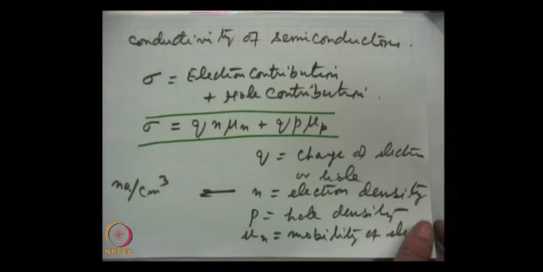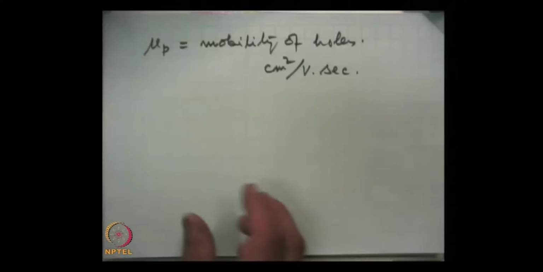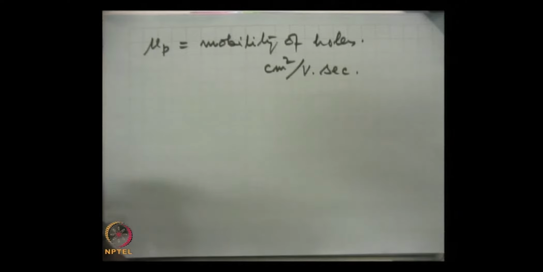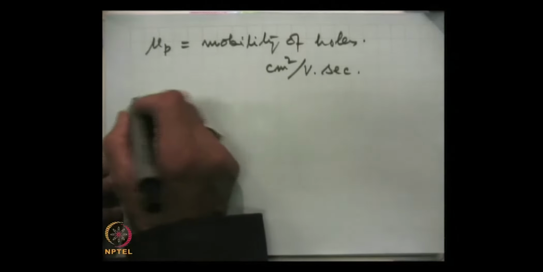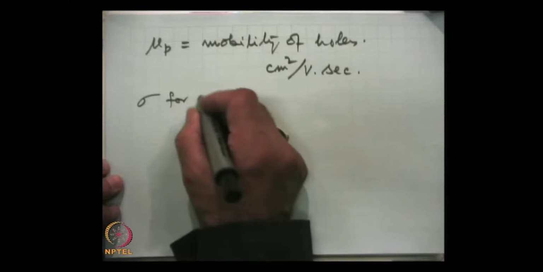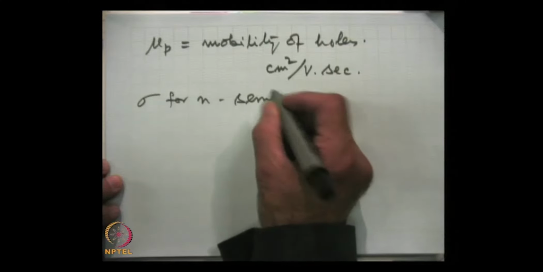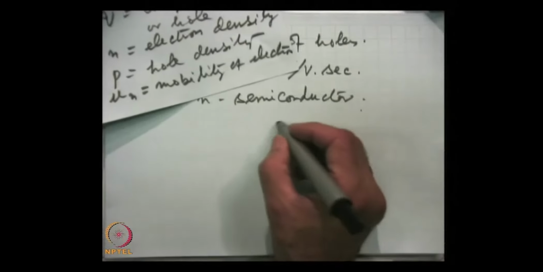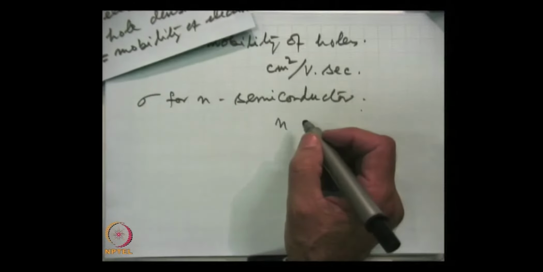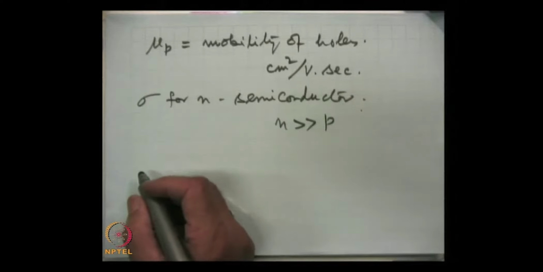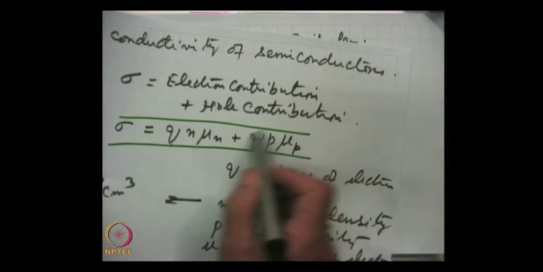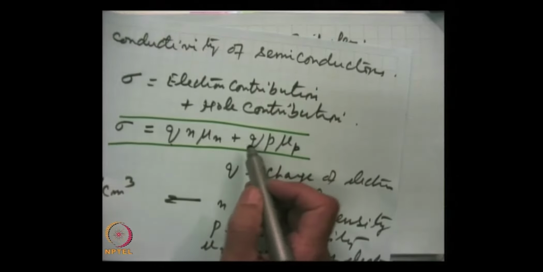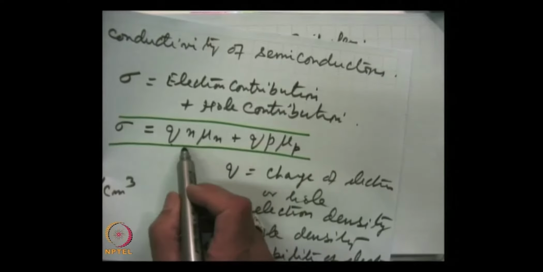conductivity of p semiconductor. The conductivity for n semiconductor: in this expression here, the electron concentration will be much higher as compared to hole concentration. So, this term will be negligible, several orders of magnitude smaller than this term.